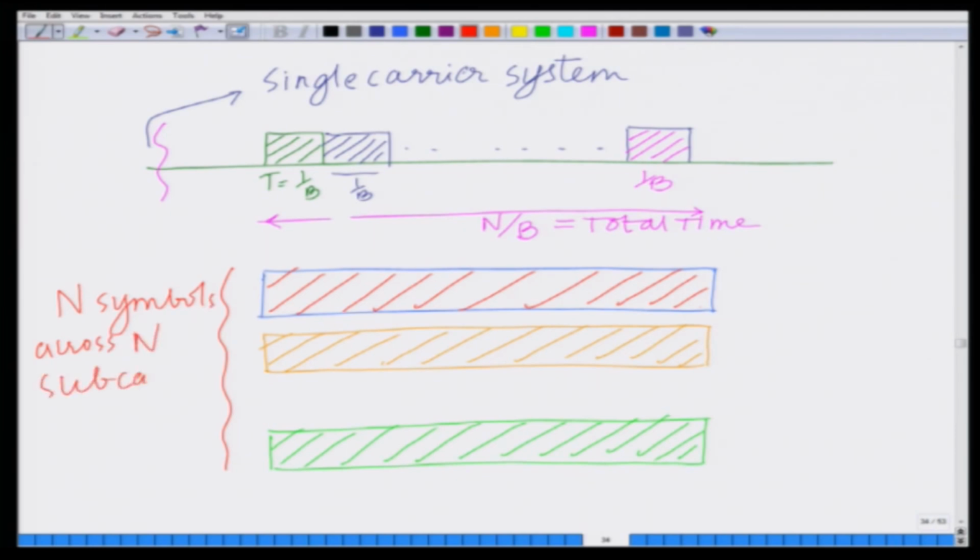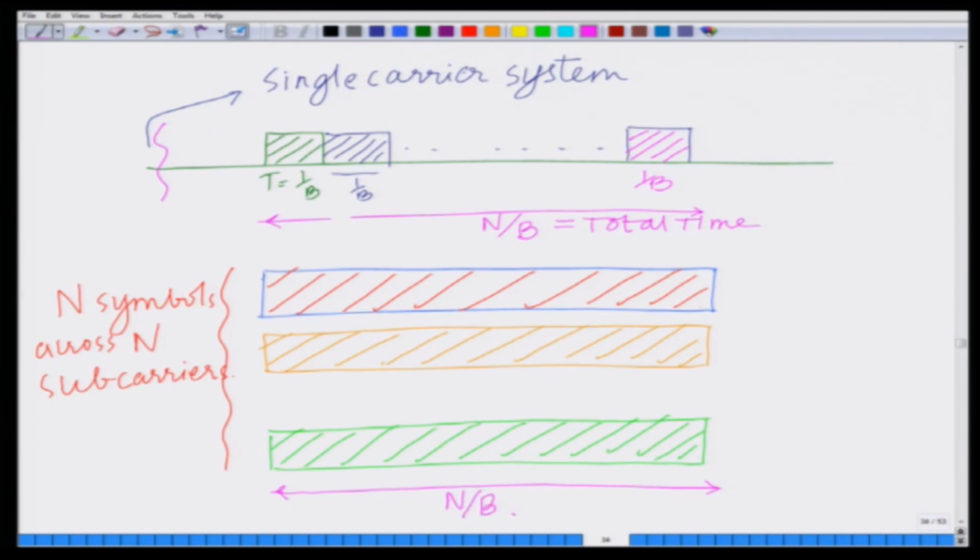And the total symbol time remains fixed. The total symbol time is N by B.